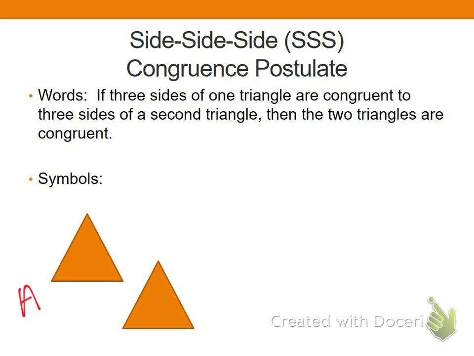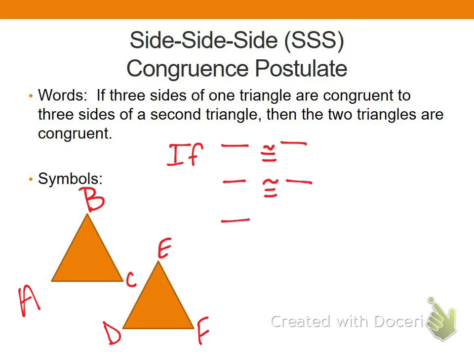So let's call these triangles A, B, C, and D, E, F. We need to make three congruent statements about the sides. Now, since they have not marked anything in these triangles, they're pretty generic.